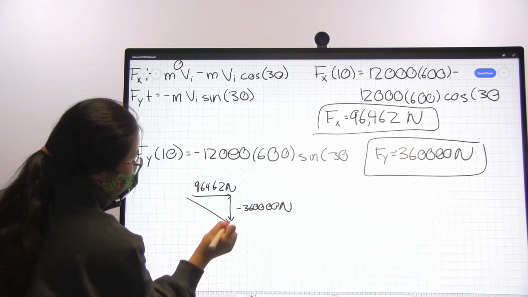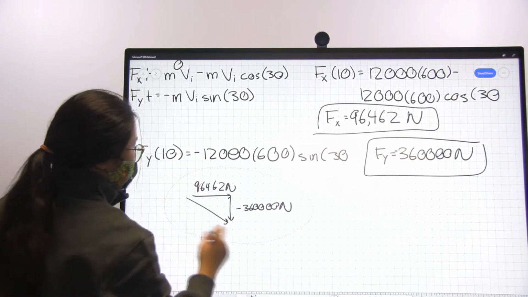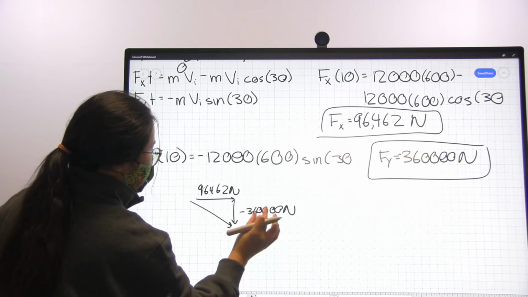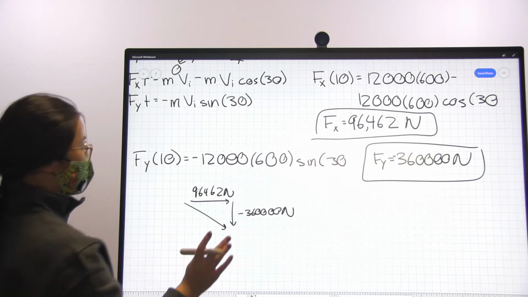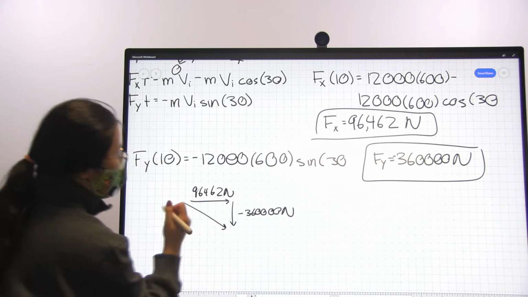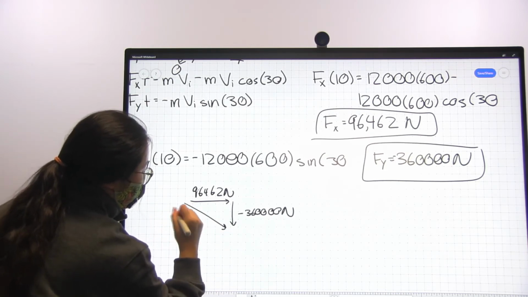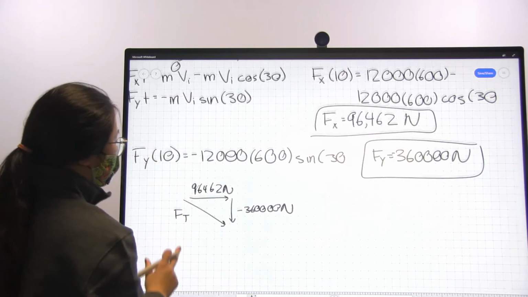And the hypotenuse, you can imagine, is going to be your final F_t, okay?